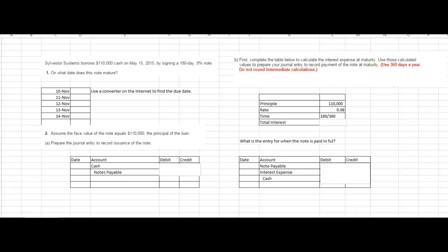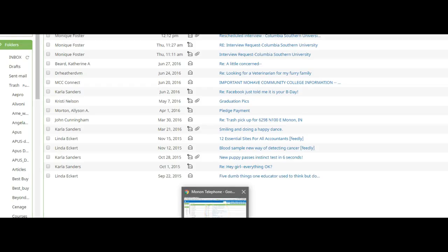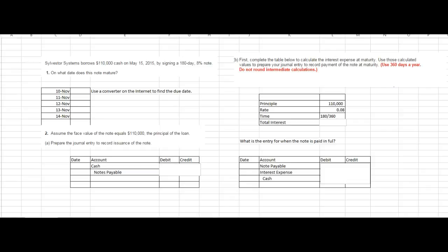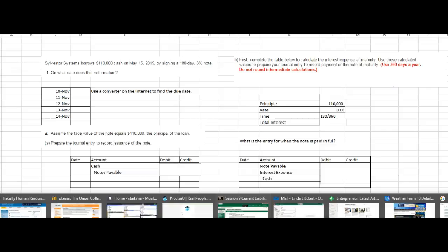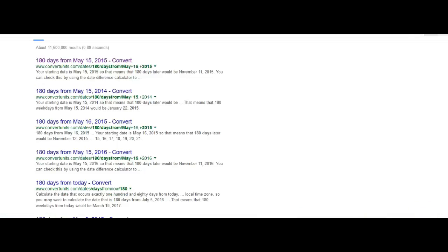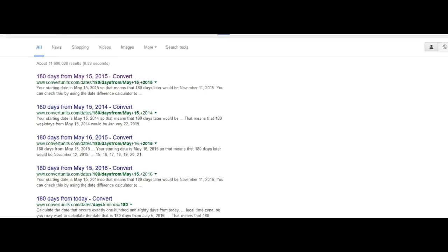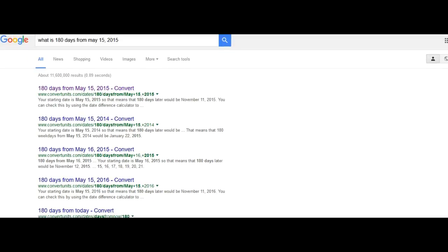A really quick and easy way of doing this: use the internet. Simply type in, what is 180 days from May 15th, 2015.